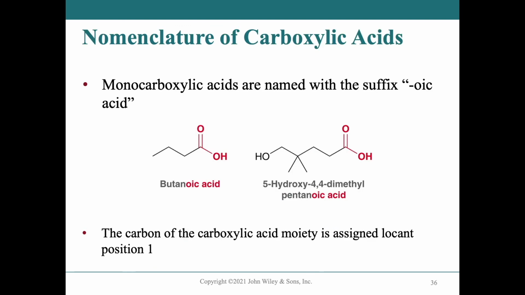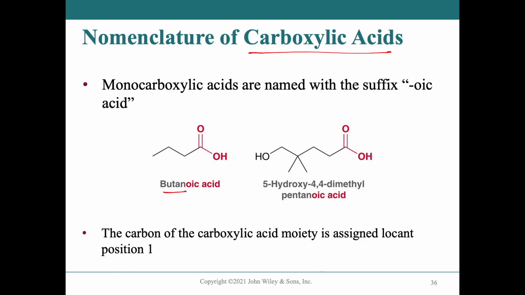right? And then I think this is the last one here, right? We have naming of carboxylic acids. So just like the aldehydes and the ketones and the alcohols, all we do is we change the -ane part into something else.